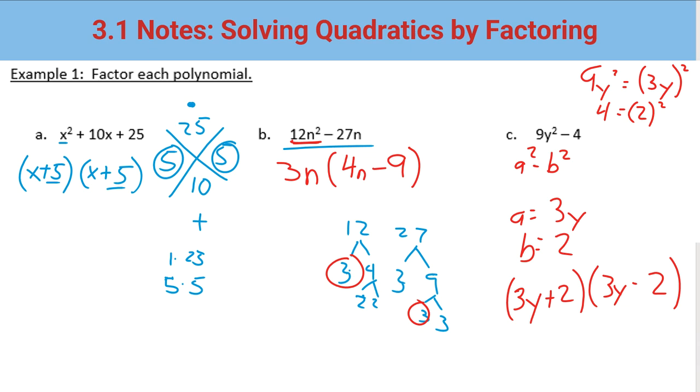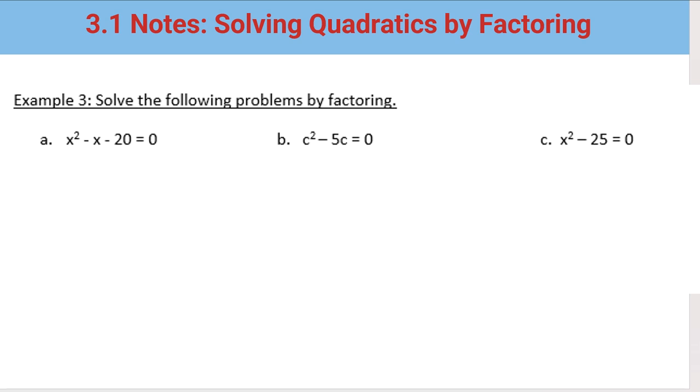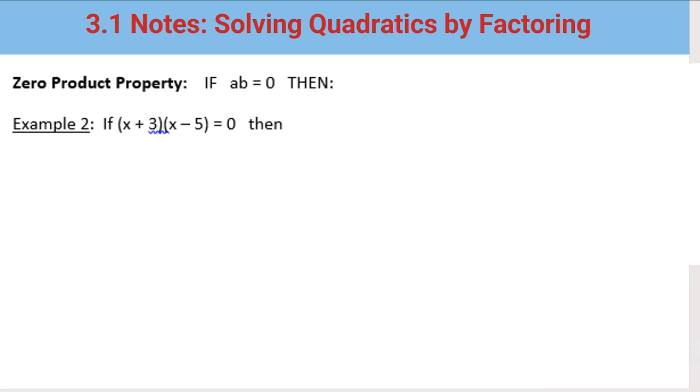So factoring is fine, but now we need to move into solving, right? So to do that, we are going to use the zero product property. This is a big algebra concept that is super important. If A times B is equal to 0, we know that one of 3 things has to have happened, right?